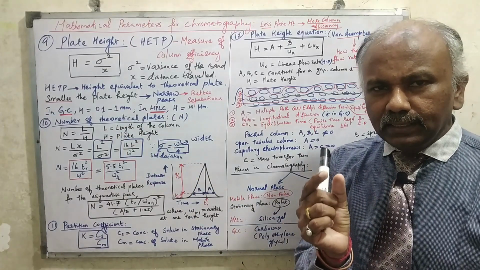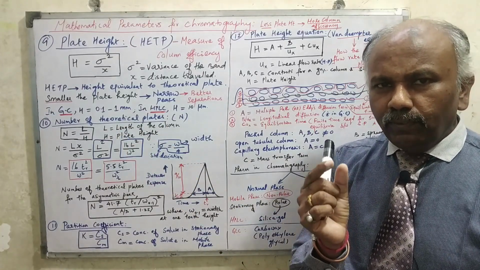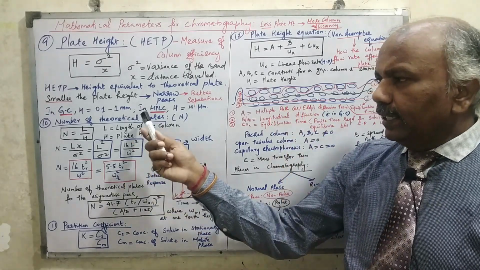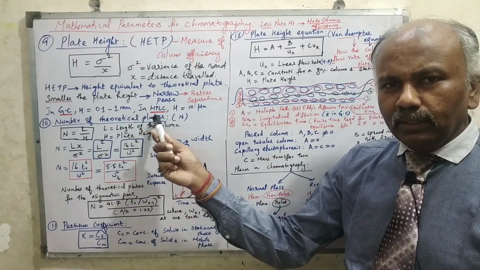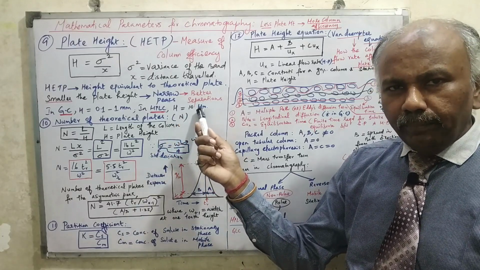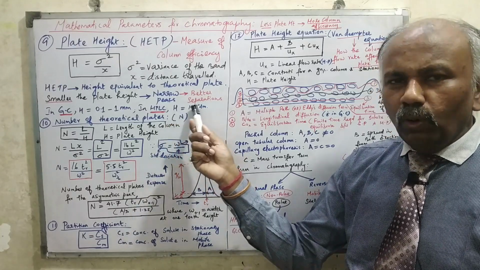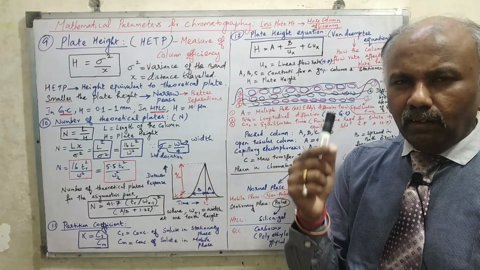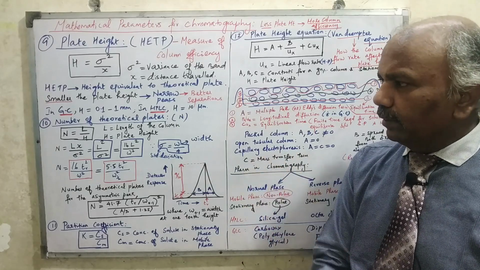So if you have this lesser plate height for gas chromatography, the column efficiency will be much better. Whereas in case of HPLC, high performance liquid chromatography, the plate height is around 10 micrometer. So this will be much smaller. For HPLC, the plate height should be very, very small. Then the column efficiency will be much better.